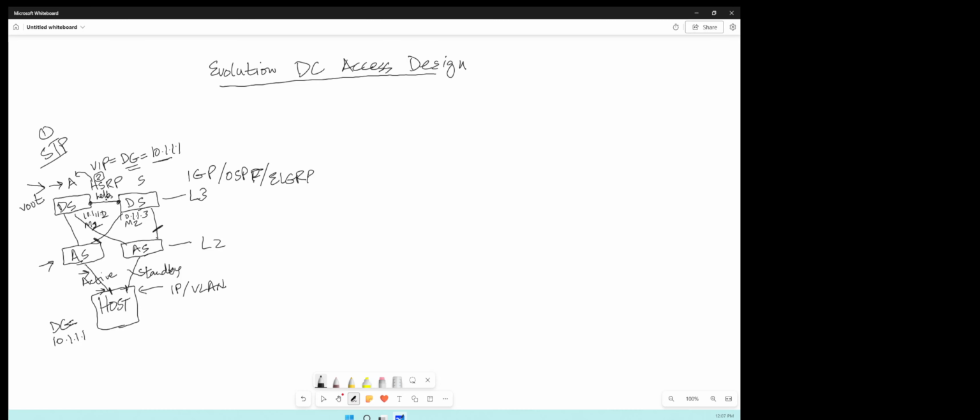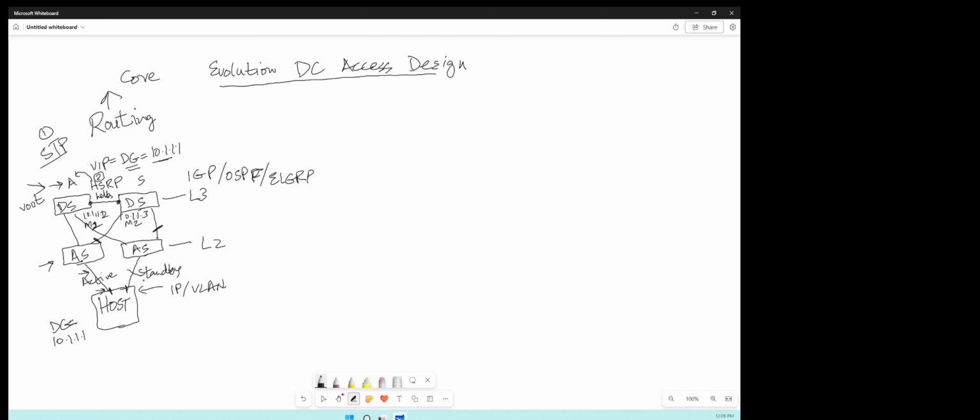So if anything goes wrong and it needs to converge to this standby, HSRP needs to become active here, STP needs to become root here, and so forth. And then your IGP, OSPF, or EIGRP would be talking routing here, above to your core.